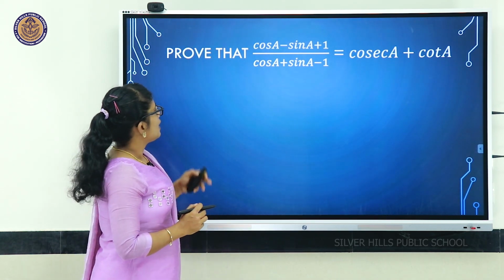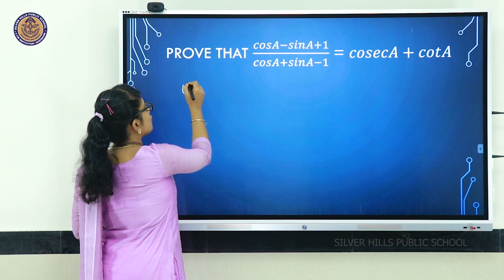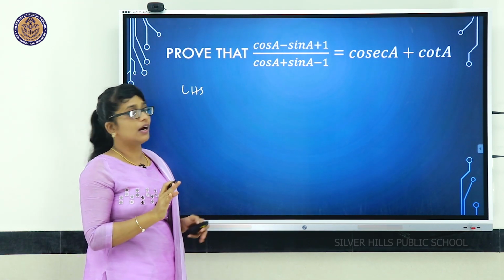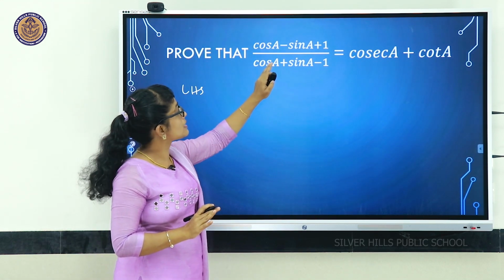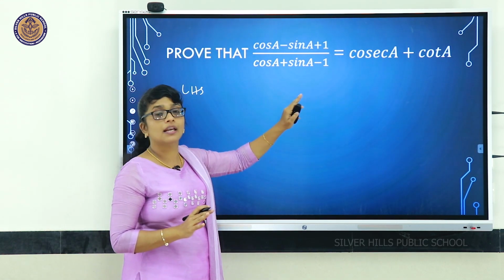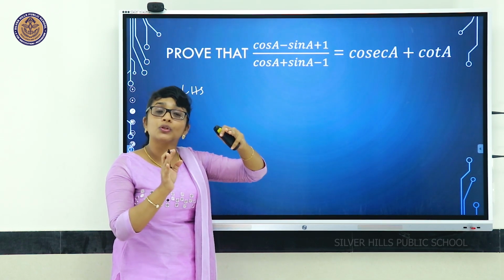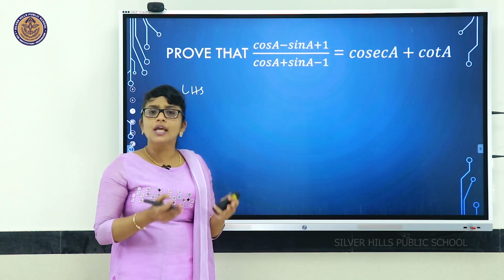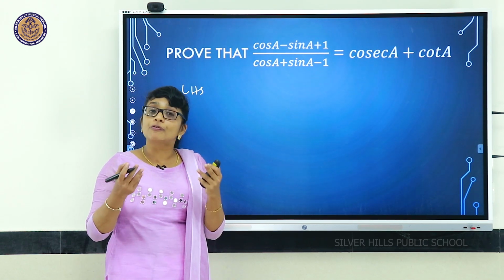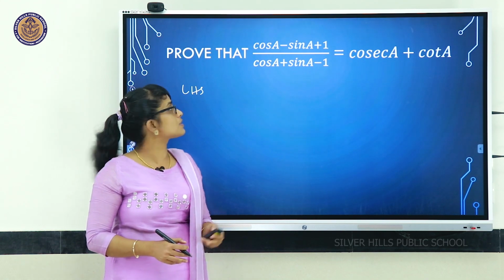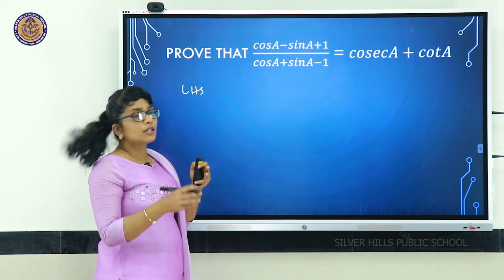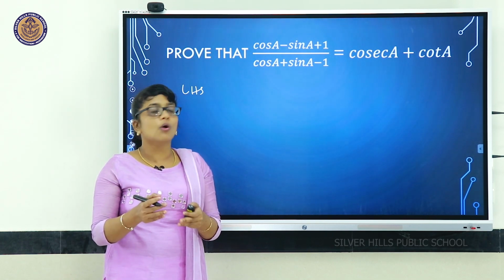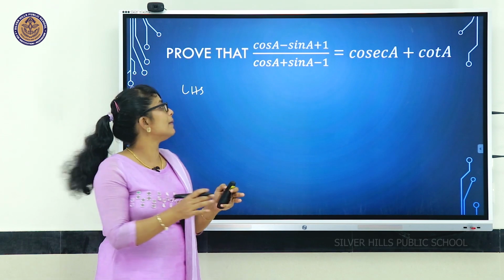For proving this question, we can divide throughout by sin A. You can use any method, not only this method, but many other different methods can also be used. There is one more method in the textbook, taking the conjugate and multiplying. Here I am using another method.